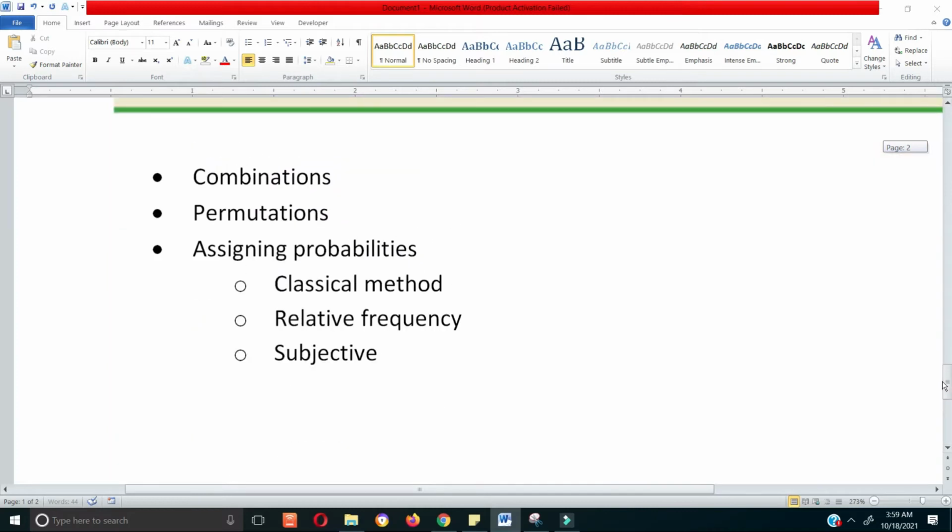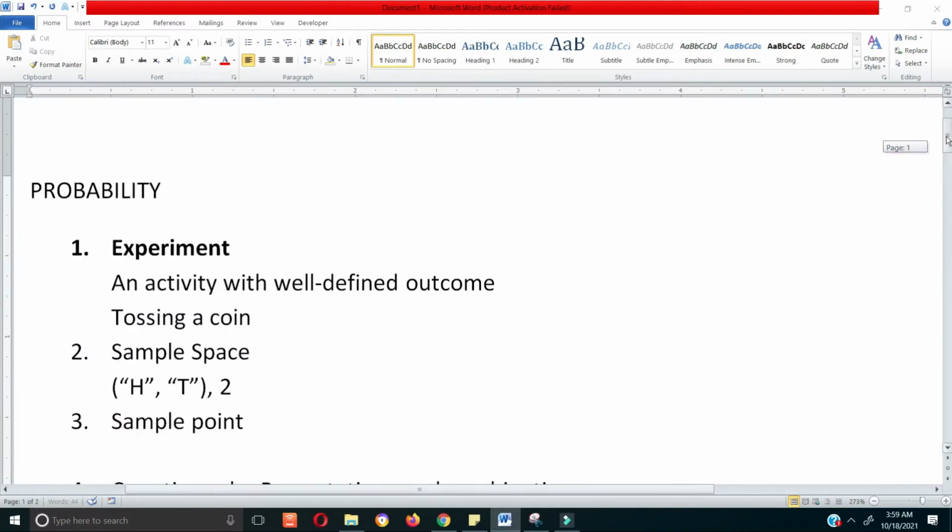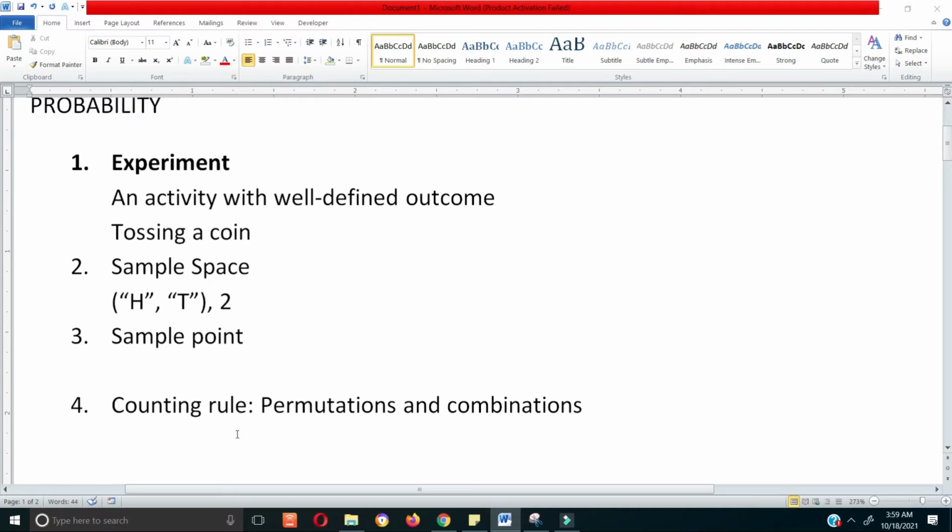In these kinds of experiments, you basically have to define the sample space using these kinds of counting rules.